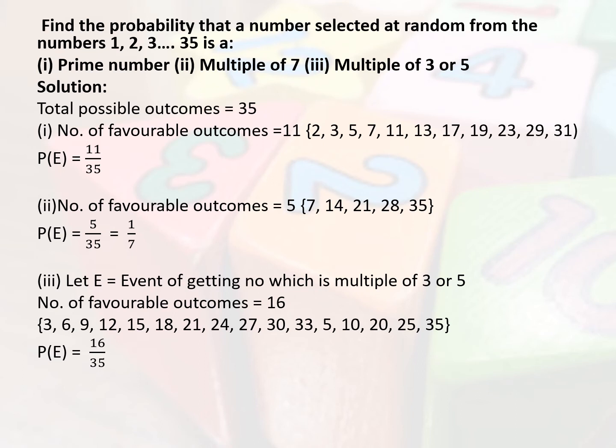So I have listed the multiples of 3: 3, 6, 9, 12, 15, 18, 21, 24, 27, 30, 33. Next we are writing the multiples of 5: 5, 10. We are not writing 15 because we have already written it while writing the multiples of 3. So 20, 25 and 35, which in total are 16 in number. So the probability for getting a multiple of 3 or 5 will be equal to 16 upon 35.